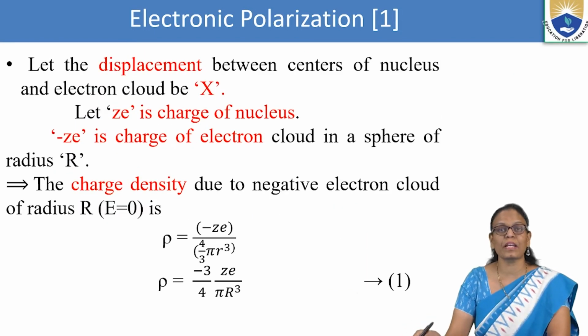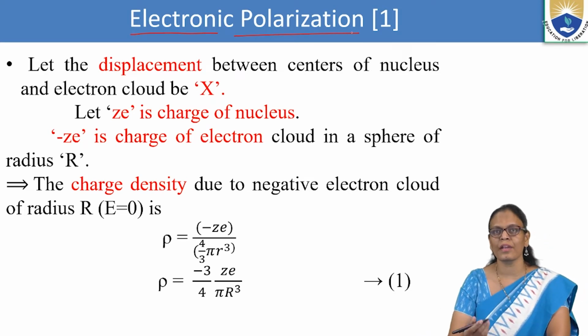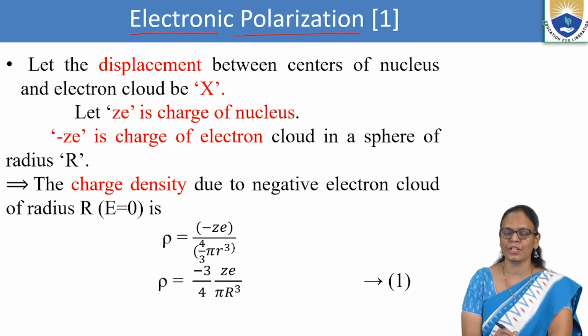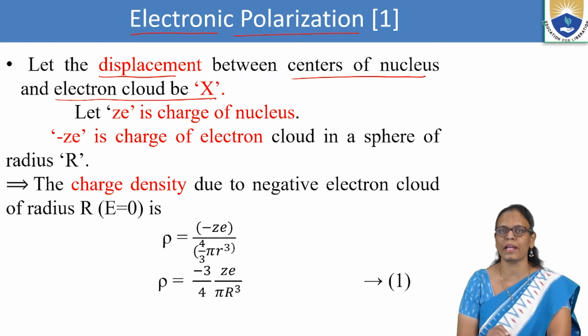Now let us derive the expression for electronic polarization. We have seen what electronic polarization is, and now we are going to derive its expression. Let the displacement between the centers of the nucleus and the electron cloud be x.